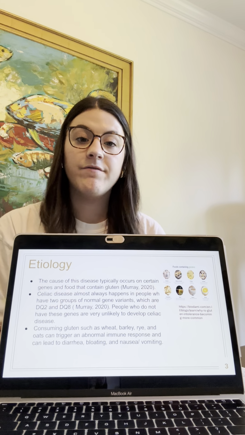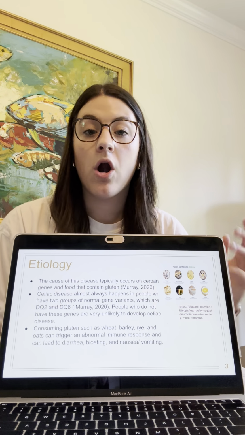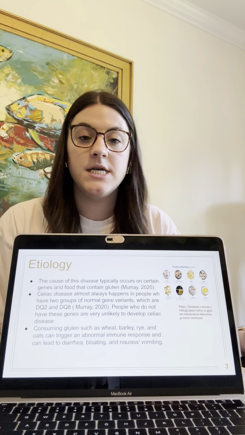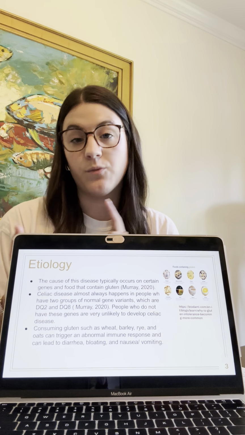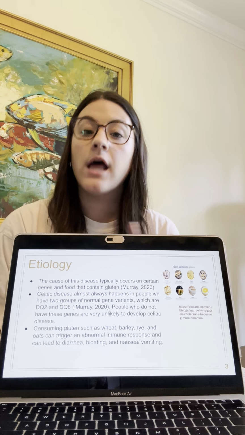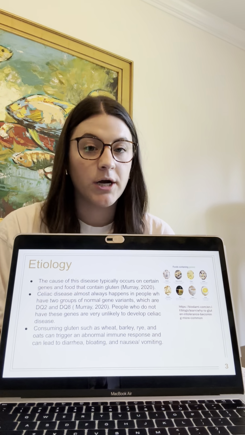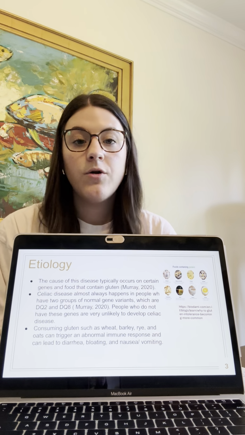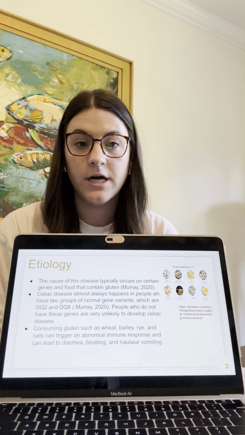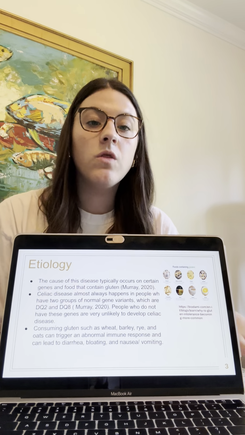People who do not have these variants typically are unlikely to develop celiac disease. When you are consuming gluten, such as wheat, barley, rye, and some oats, they can trigger this abnormal immune response, and this can cause bloating, nausea, vomiting, diarrhea, malnutrition, all those things.